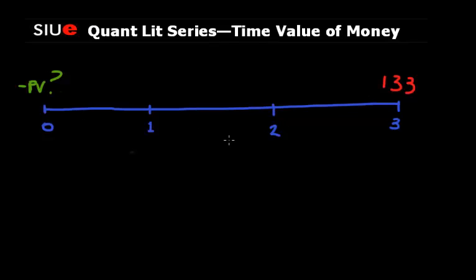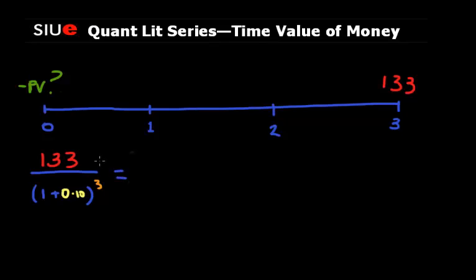Well, if you knew you had to earn 10%, we would just do what we did before, but a little bit in reverse. Instead of multiplying by 1 plus the interest rate raised to the power of 3, what we're going to do is divide by it. So 1.1 raised to the power of 3.